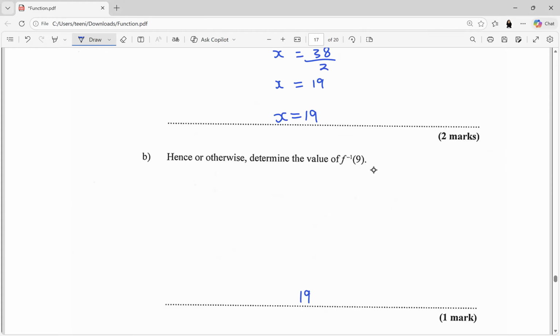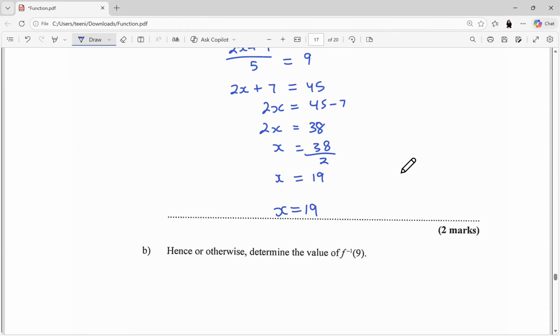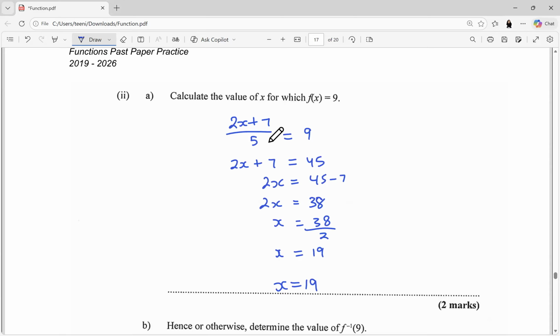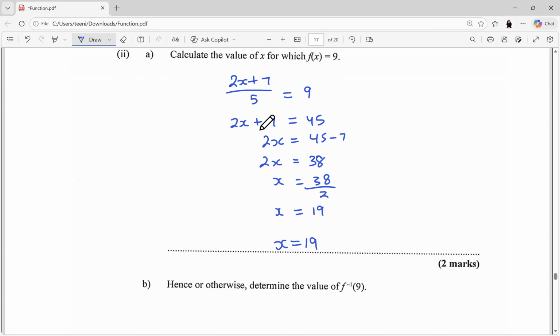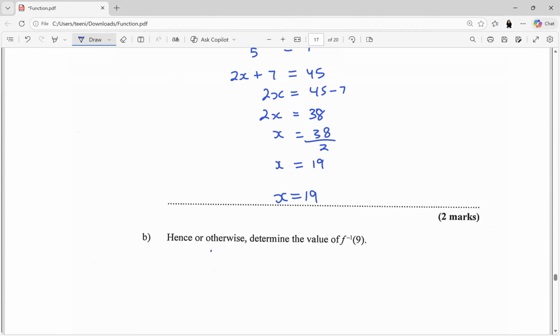Now, if you don't remember that, you can literally do the inverse and then substitute 9 into there, right? So let me just do that quickly to show you all. If f of x is 2x plus 7 divided by 5, then the inverse will be 5x minus 7 over 2.